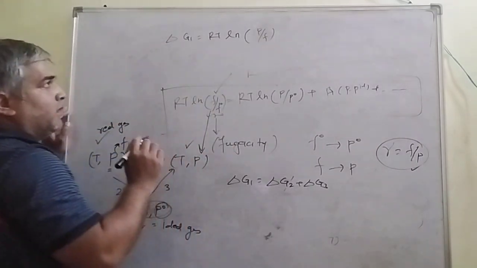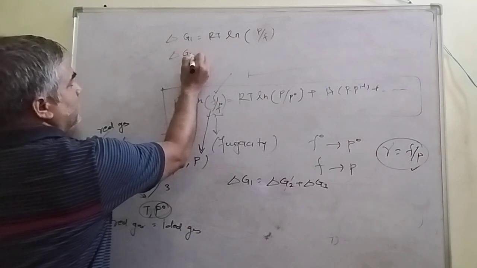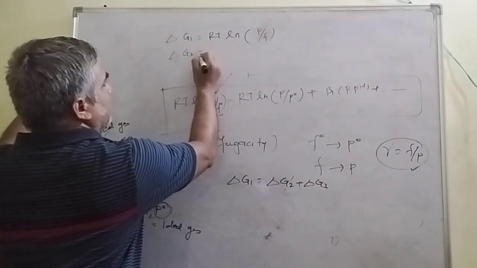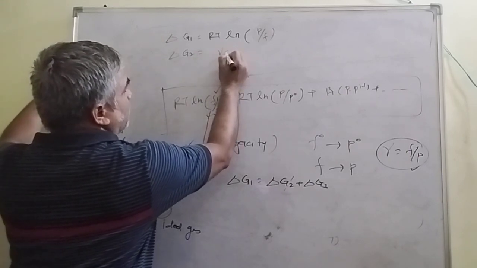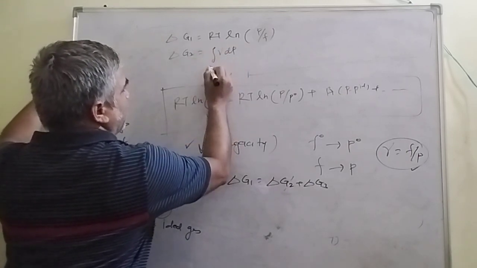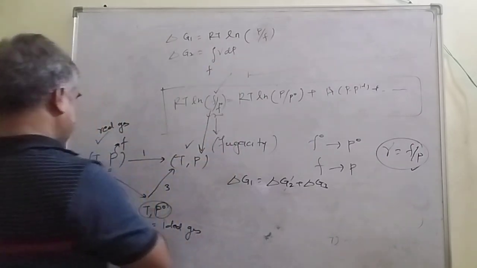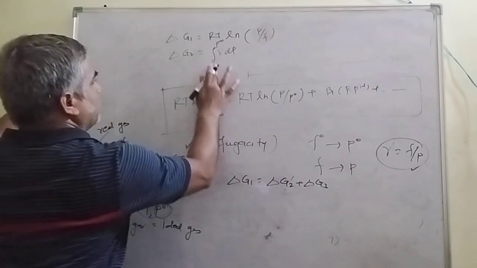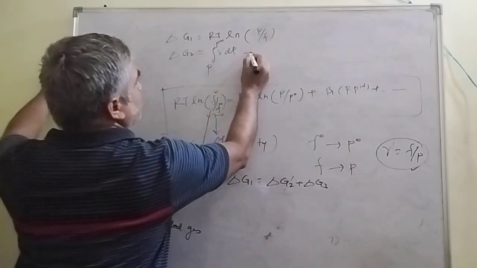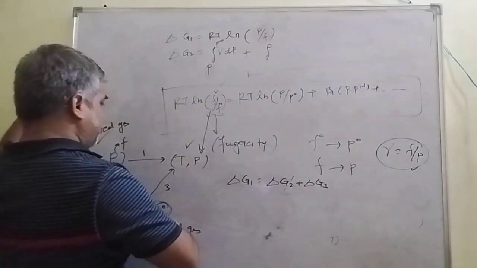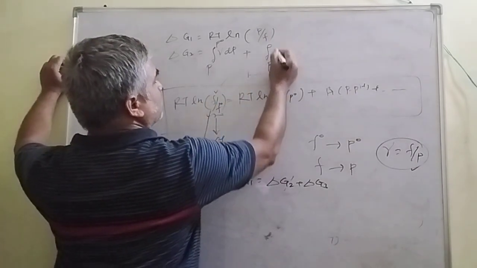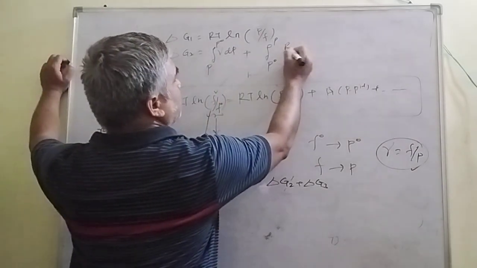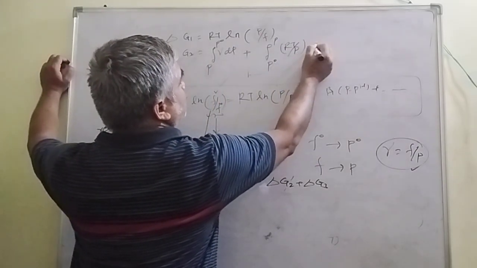Now delta G2, since it's a real path, I can write as the integral of V dP from P to P naught, plus the integral from P naught to P for the ideal gas, whose V is RT by P into dP.